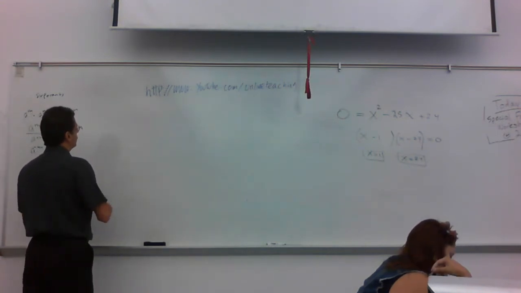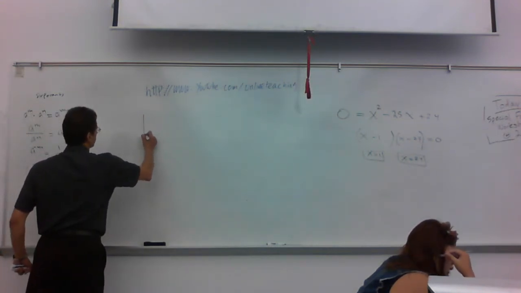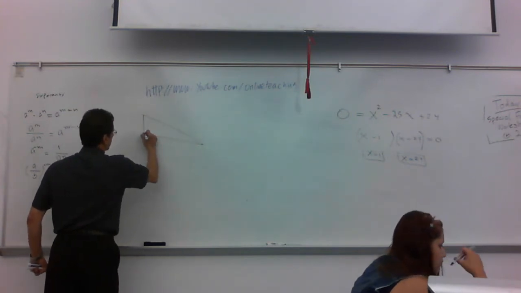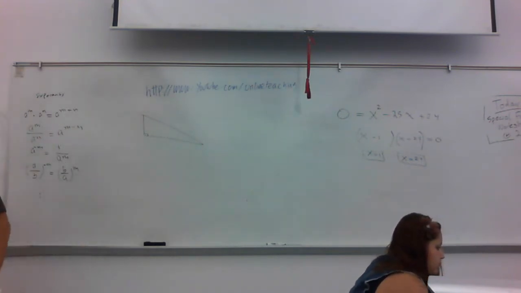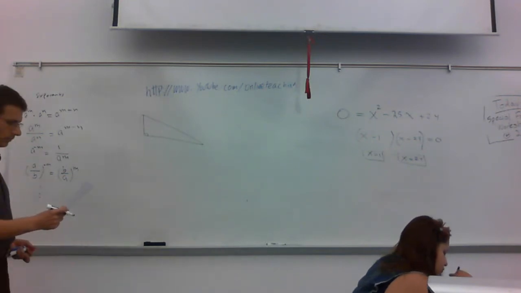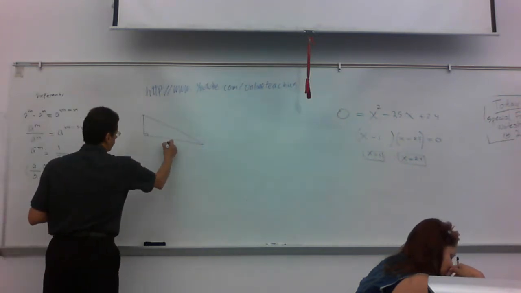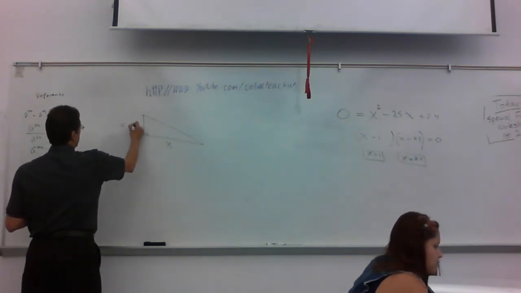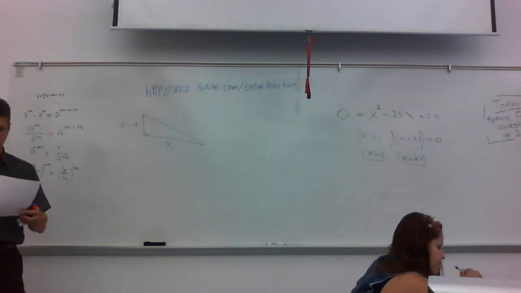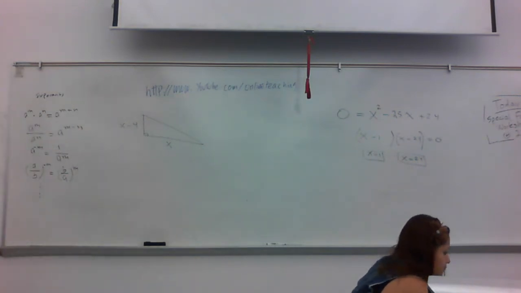Okay, we have a right triangle such that one side is shorter by 4. So if this is x, we're talking about the legs. And I don't know, what are the units? I don't remember if they gave me the units.